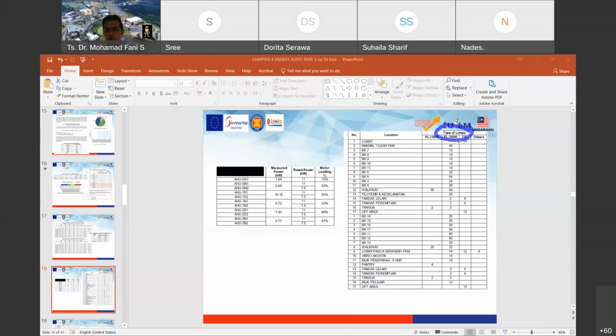So if there is LED lamp available, please update LED, how many units that they have. So please divide this area or location of the lamp. For example, lobby, how many units? Tangga, how many units? For fluorescent 18 watt, 2 feet. Or this one, fluorescent for 4 feet. Conventional lamp, 36 watt.